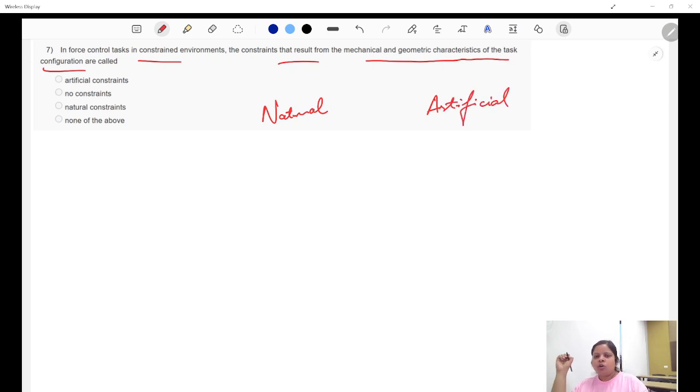Natural constraints arise from the physical setup. It is not some constraint that you are adding, and it is not your logic or your control law. It is a natural constraint; I cannot disobey this law.